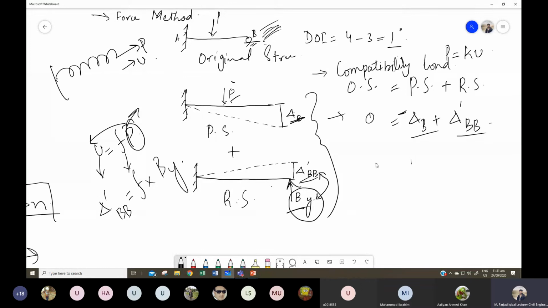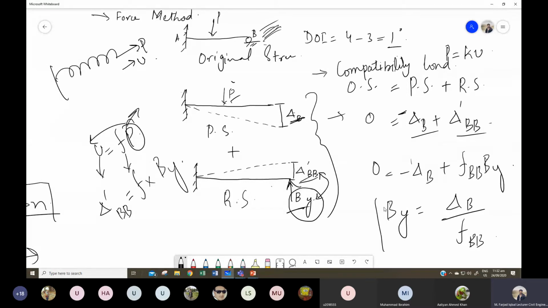So if I replace this equation into this one, I have 0 is equal to minus delta B plus delta dash Bb, which is FBB into By. So again, if I rearrange this equation, what will I get? Because first I need to find out By. So I will get By is equal to delta B over FBB. So this is my equation for the calculation of this reaction.